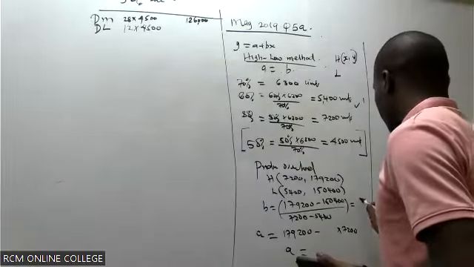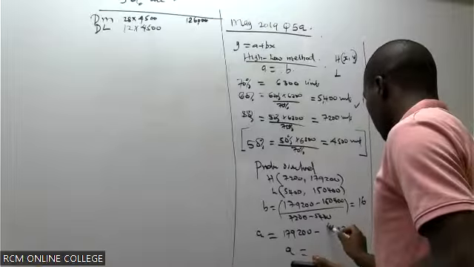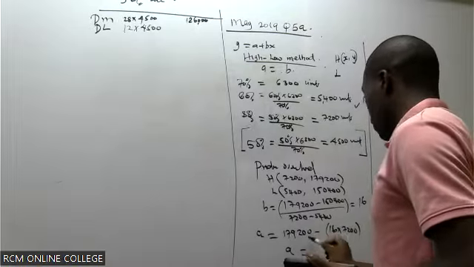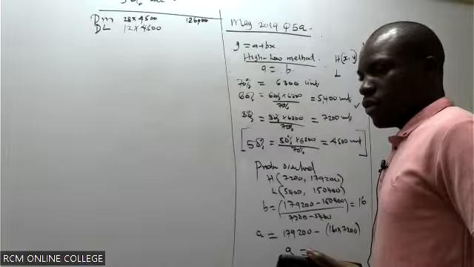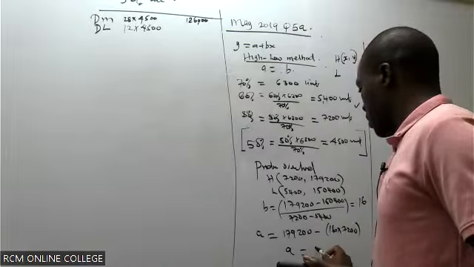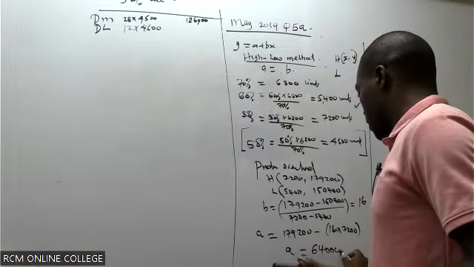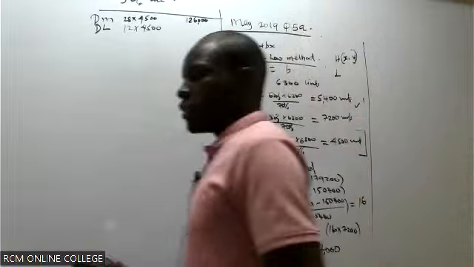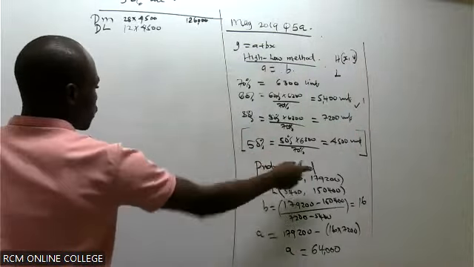Good. B we get 16. Multiply here by 16, now subtract from 179,200, you are getting a value. So what is the value of A? 64,000. If you get lost, you say that 64,000 is the fixed production overhead.